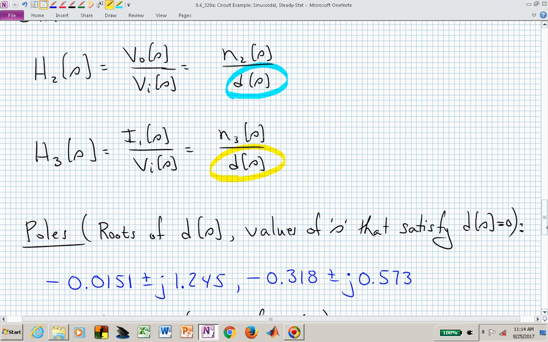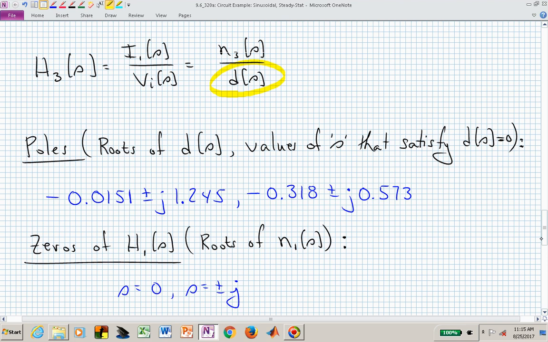If you compute those, you have poles very close to the imaginary axis, minus 0.0151 plus and minus j 1.2, and another set of conjugate complex poles at minus 0.318 plus and minus j 0.573. And I've already said where the zeros are. The zeros in this H sub 1 transfer function are the roots of little n sub 1, and those were at the origin and plus and minus j.